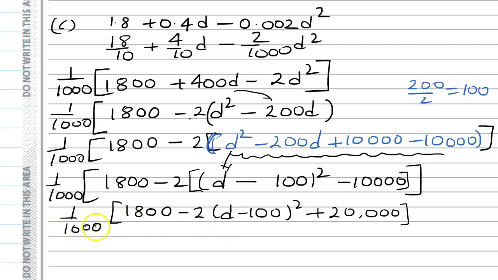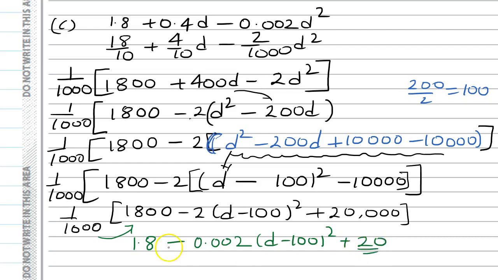Now if you times by this 1000 inside, so 1800 divided by 1000, it will be 1.8 minus 2, right? So 2 divided by 1000 will be 0.002, and it is d minus 100 square, and it will be 20.